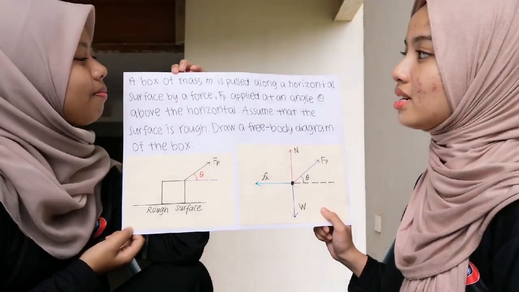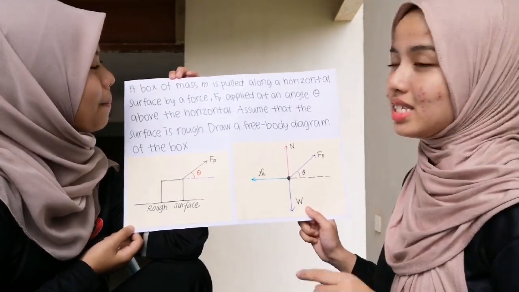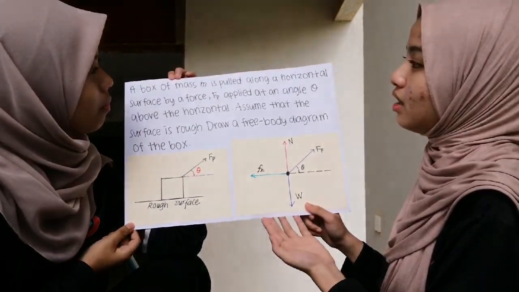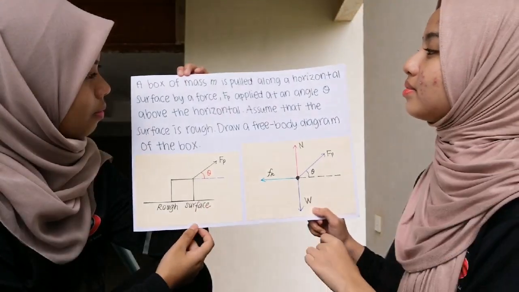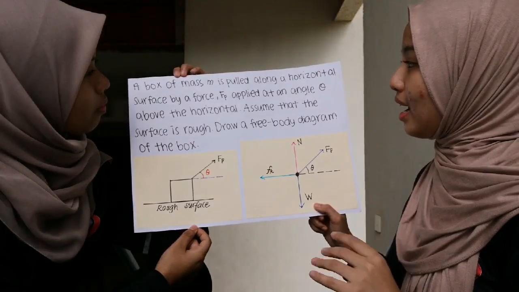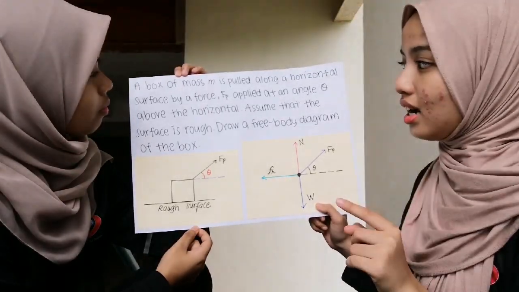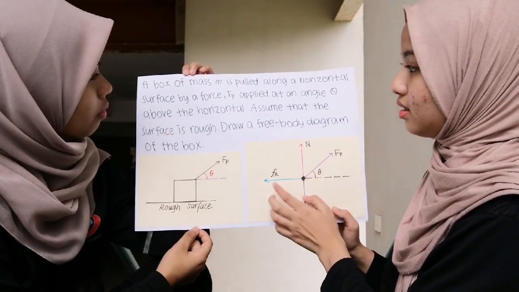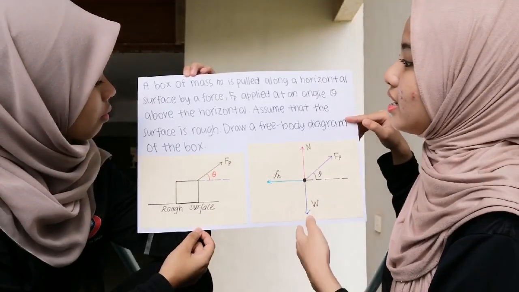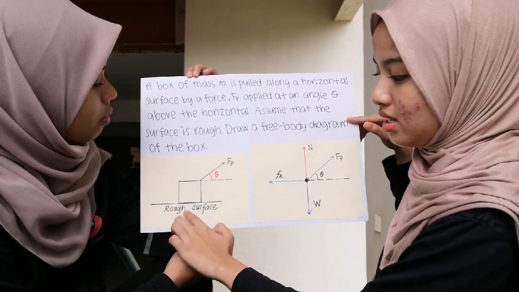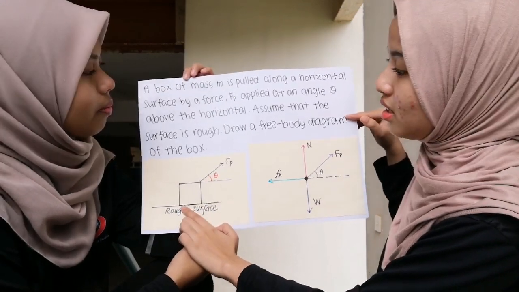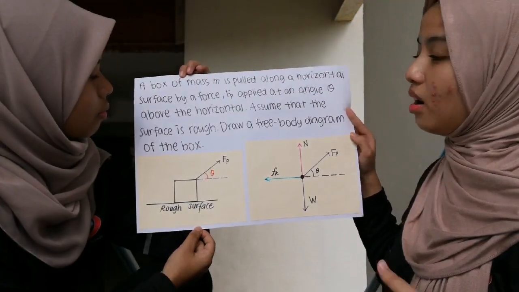Here is another question. A box of mass M is pulled along a horizontal surface by a force Fp applied at an angle theta above the horizontal. Assume that the surface is rough. Draw a free body diagram of the box.